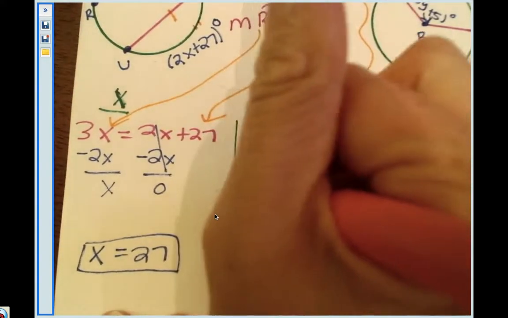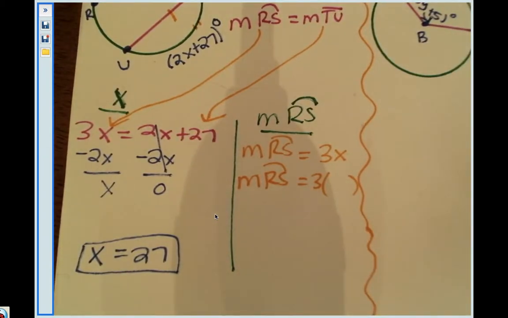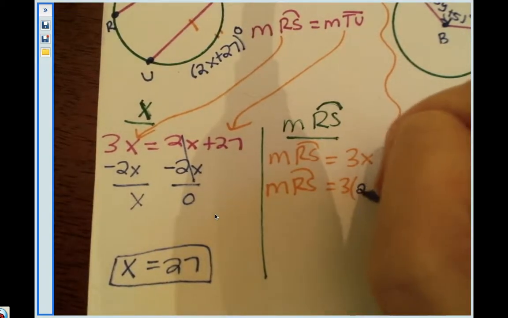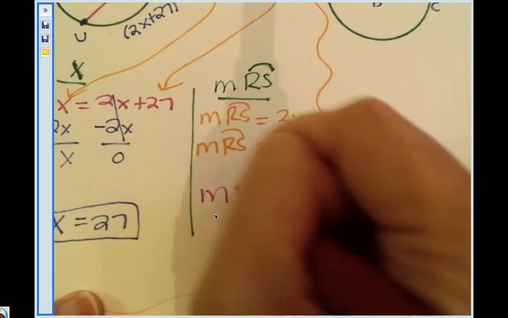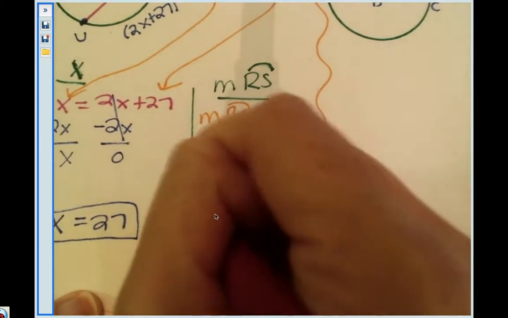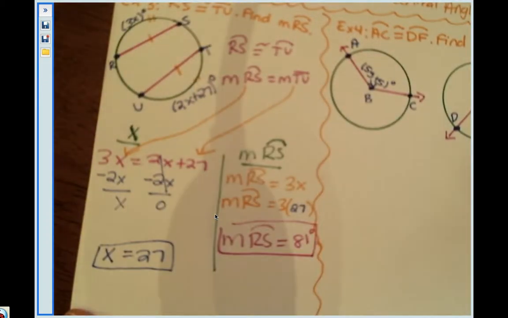Guys, so the measure of arc RS equals 3 times x, which is 27. Alright, we're almost done. So 3 times 27 is going to give me 81. So the measure of RS equals 81 degrees. And guess what, you guys? That problem is donezo. So arc RS is going to be 81 degrees.